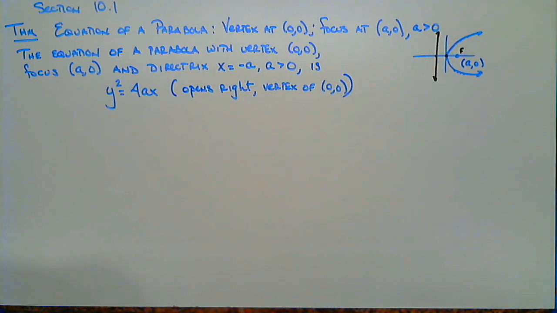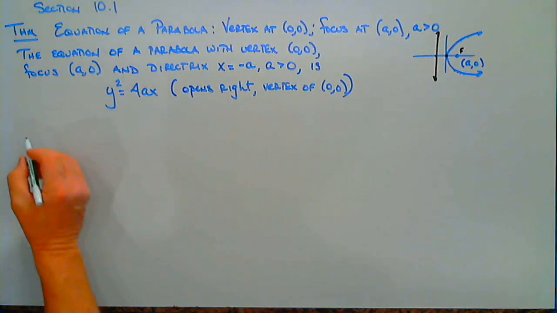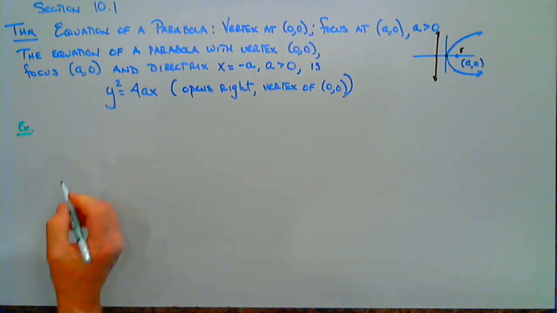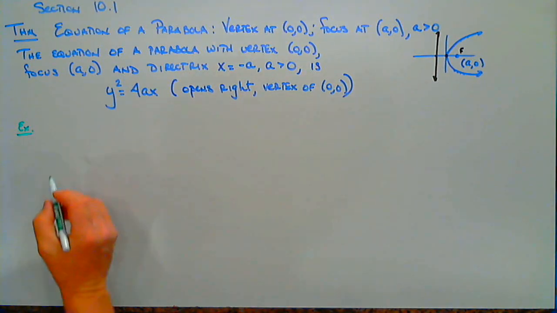Now, what will we do with that? We'll do problems. We'll work on homework problems, and let's do an example right now. Because we know where this is going to go, they're going to want us to find the equation of a parabola.